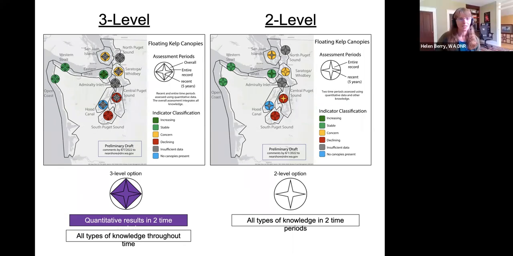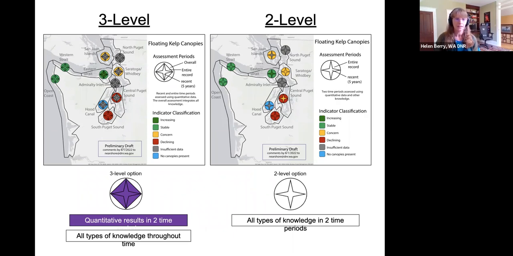So here are the 2 versions. And this goes back into how you braid together scientific knowledge with other sources of knowledge. The 3-level icon that we've been talking about is on the left, and the 2-level alternative is on the right. They're really similar. The key difference is that the 3-level version separates out the quantitative assessment.